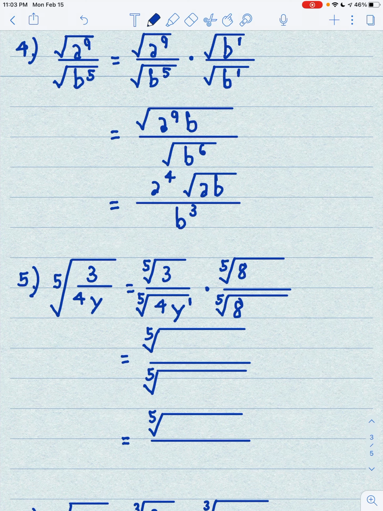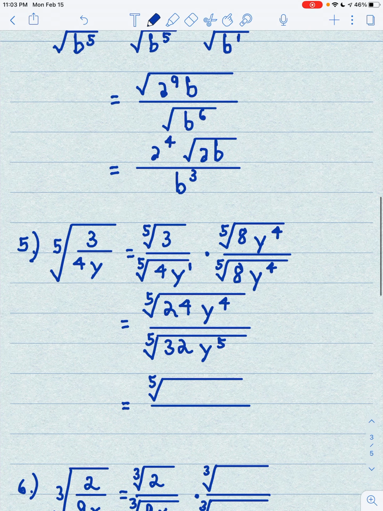And it's y to the 1st in the denominator, so if I just use y to the 4th, when I multiply, that's going to create y to the 5th. So now when I take the product, my denominator is the fifth root of 32y to the 5th. The numerator, on the other hand, is the fifth root of 24y to the 4th.